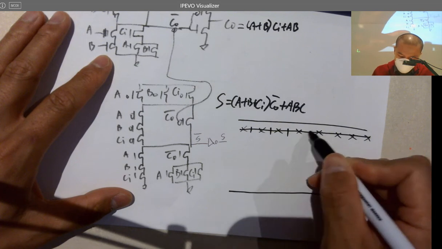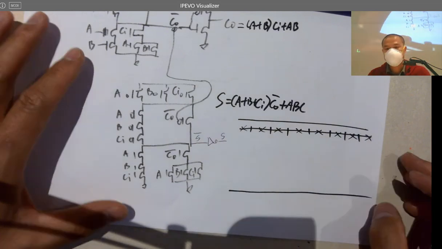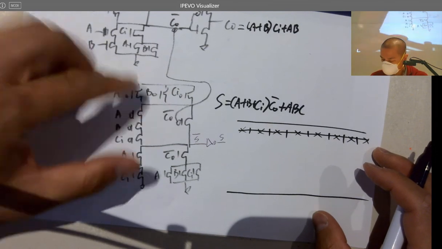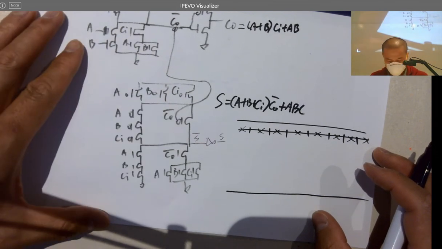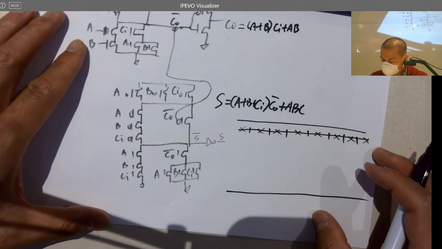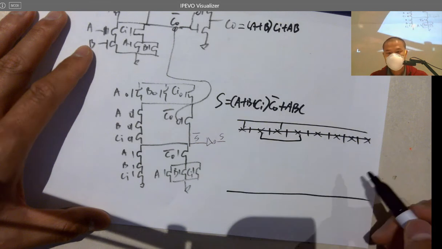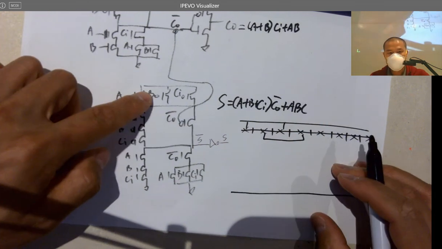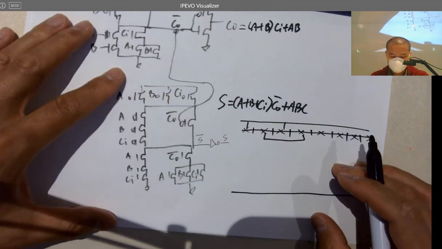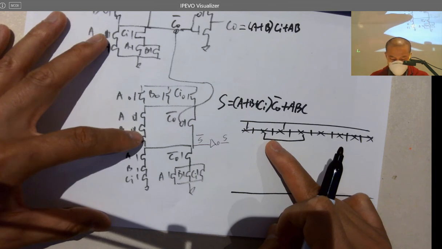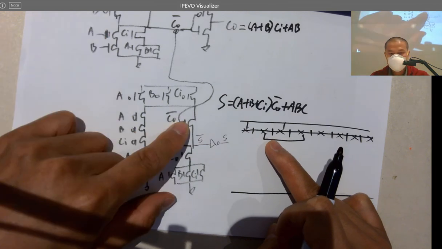All right, how do we implement this one? First, 3 in parallel. So what I did is like this. That's 3 in parallel. And then 3 in series and 1 in parallel.